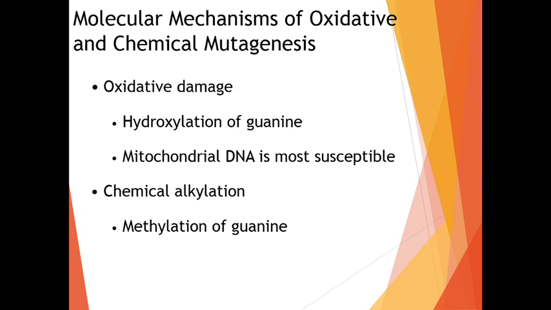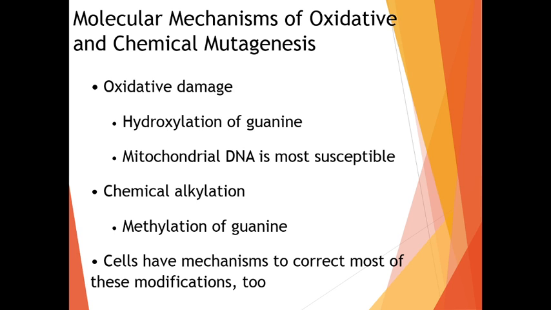For chemical alkylation, guanine gets methylated. Now, even though these modifications do happen in our body, cells have mechanisms to correct most of these modifications. However, cells can miss many different mutations that happen in our body. That is a big concern.